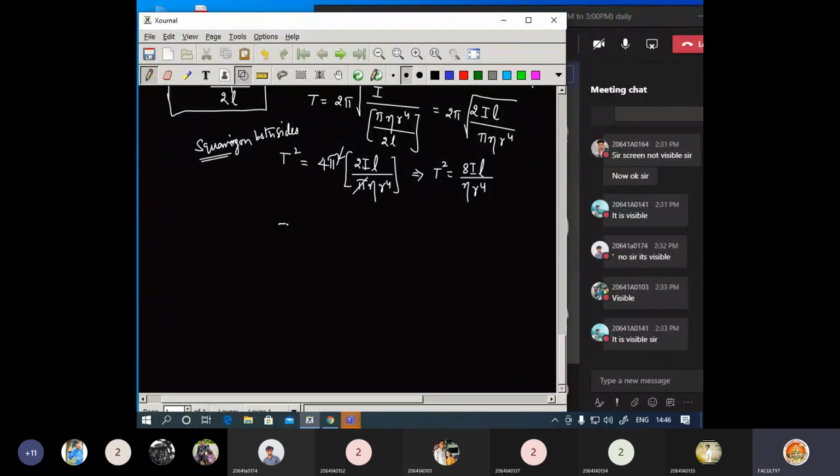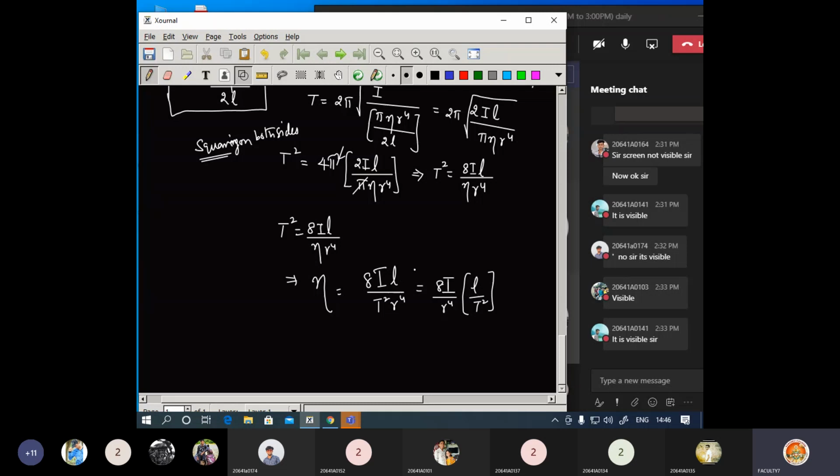So I'm rewriting the equation. T² equals 8IL by ηr⁴. Now the expression for the rigidity modulus can be given as η equals 8IL by T²r⁴. So now you can write it like this: 8I by r⁴ into L by T².